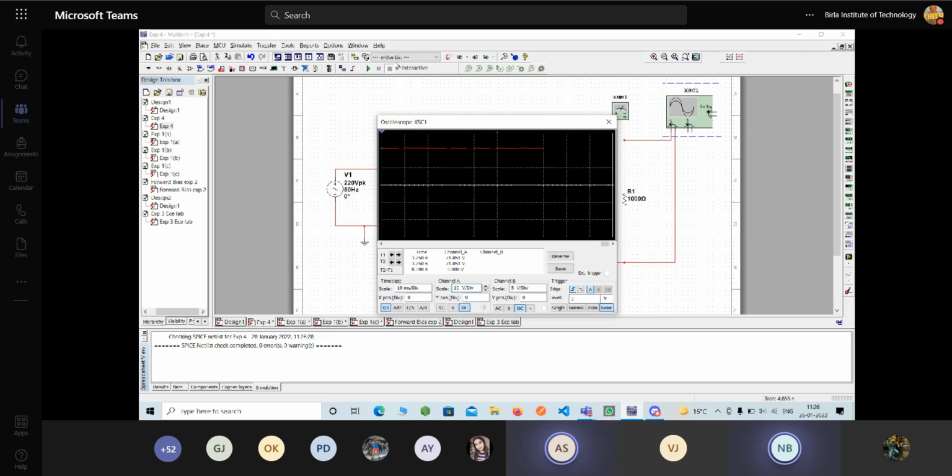Open that and now run it. Now this is coming, right? This is full wave. And if you close that S2, then it will act as a C-type filter. Then what ma'am was explaining, you will get that DC output.